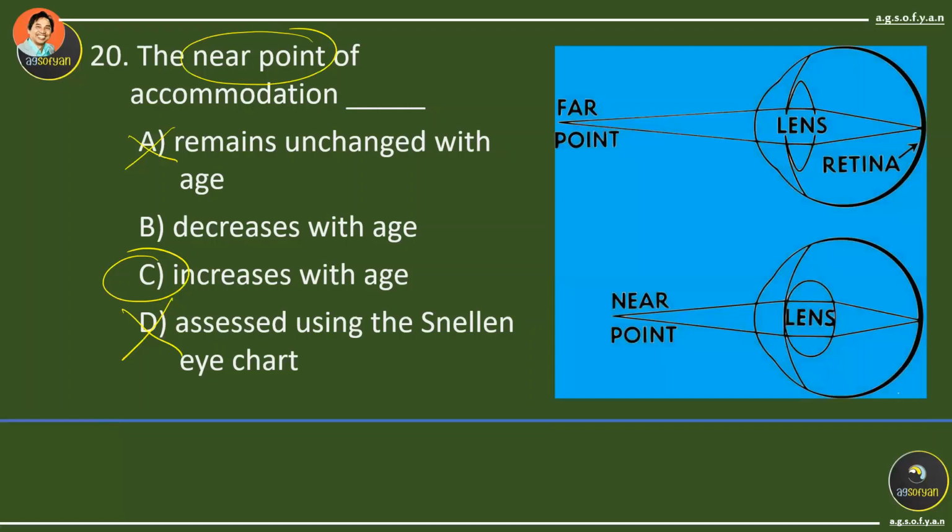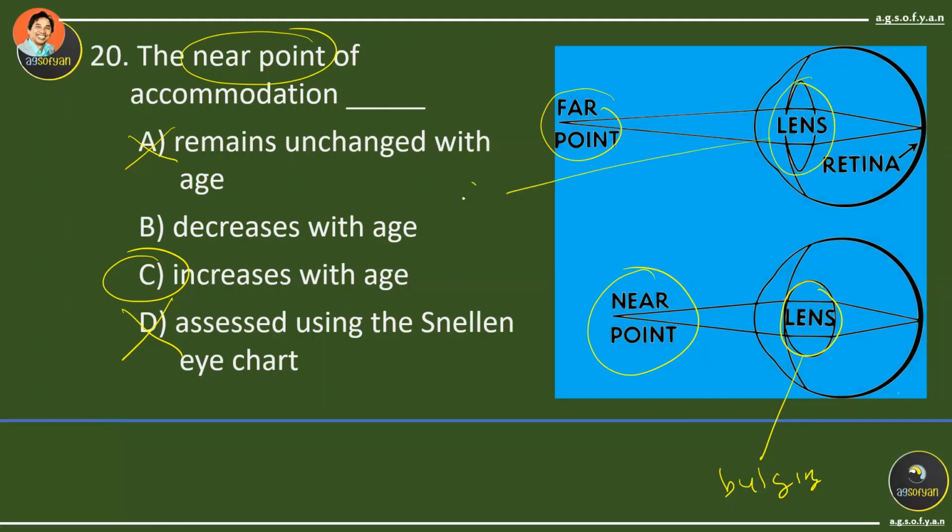When we see near objects, through accommodation our lens becomes bulging. When we see far objects, the lens is flattened. When we are older, we lose the ability to make the lens bulge, so we cannot see near objects.